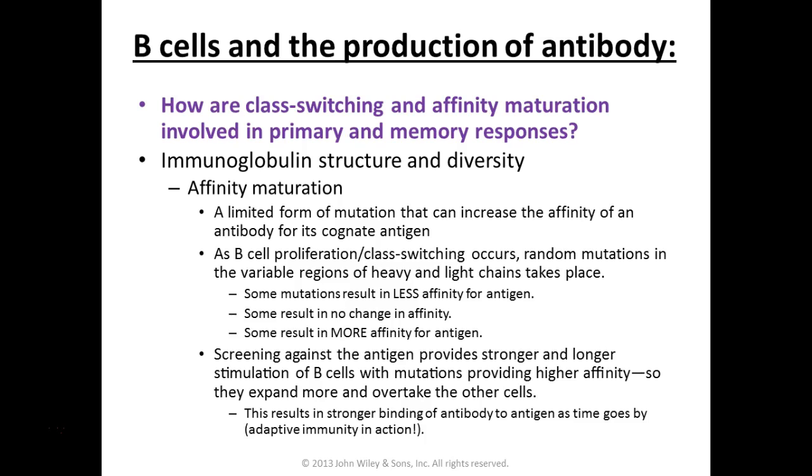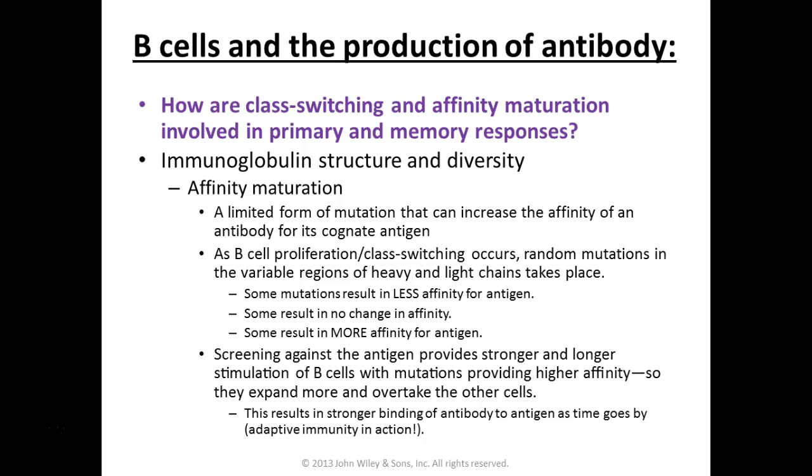And so the question they ask you is, how is it different for primary and memory response? So remember, a primary response means what cells are being activated. If this is the very first time you've ever seen this antigen, naive cells. So not only are we maybe waiting 7 to 14 days before they even find ones that match and we start producing antibodies, we're going to start out with IgM and then maybe we'll class switch.